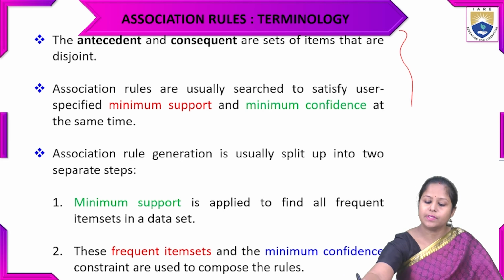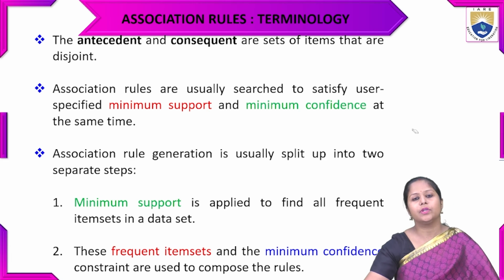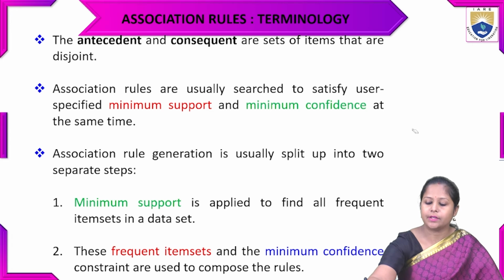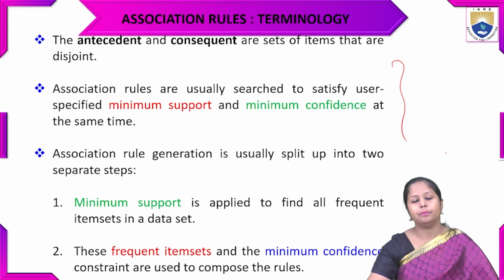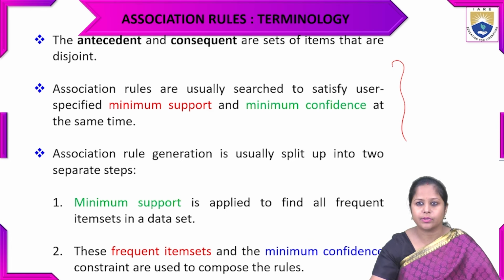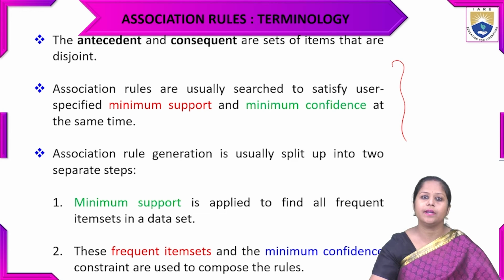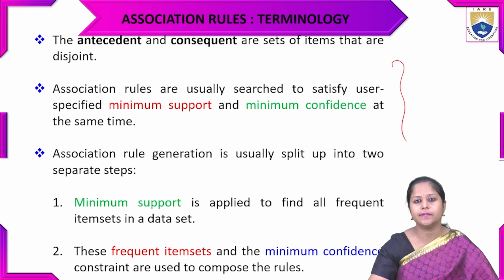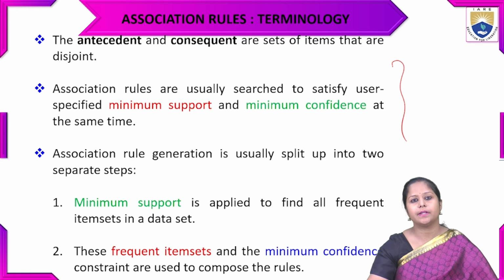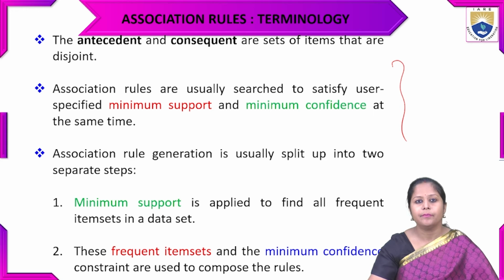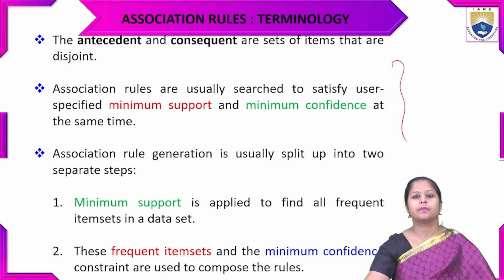The association rules are usually searched to satisfy the user specified minimum support as well as the minimum confidence threshold. At one time the user could be a customer, a researcher, sometimes a data mining analyst, or a data warehousing manager.